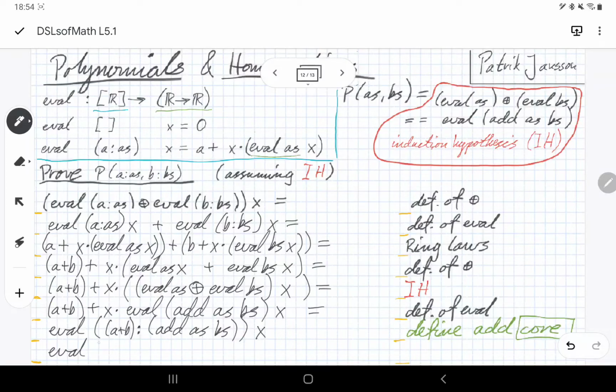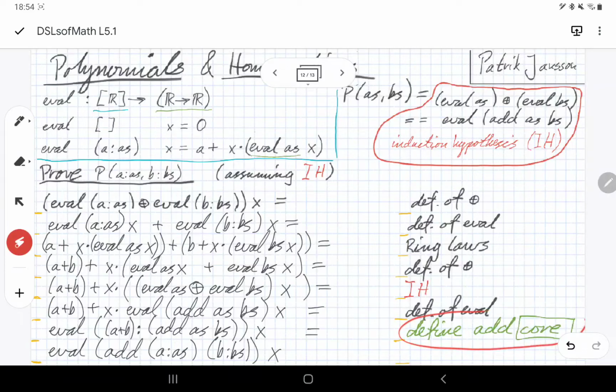So I want it to be eval of add of a cons as and b cons bs applied to x. And now I've marked in green here that this is not by argument for something that already exists, but here, as we haven't defined add yet, we're looking for, is there an add? Does there exist an add?